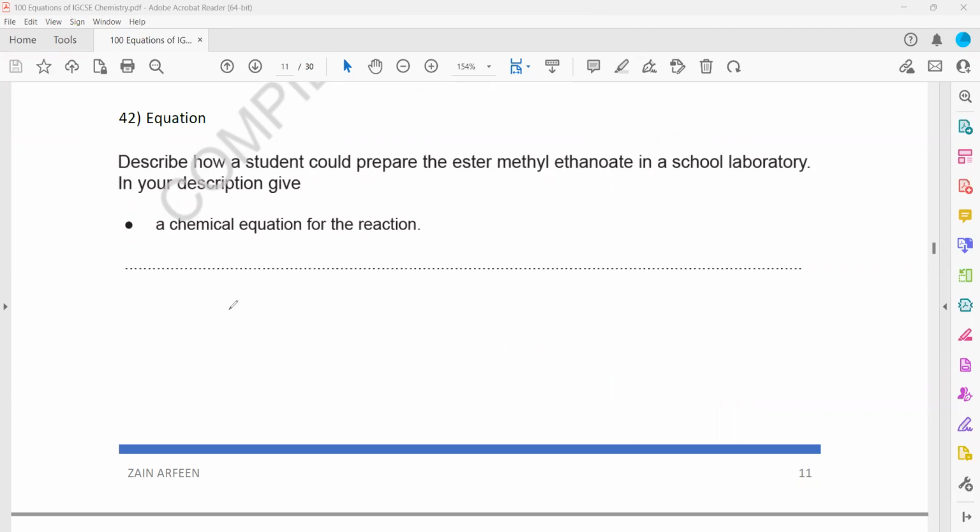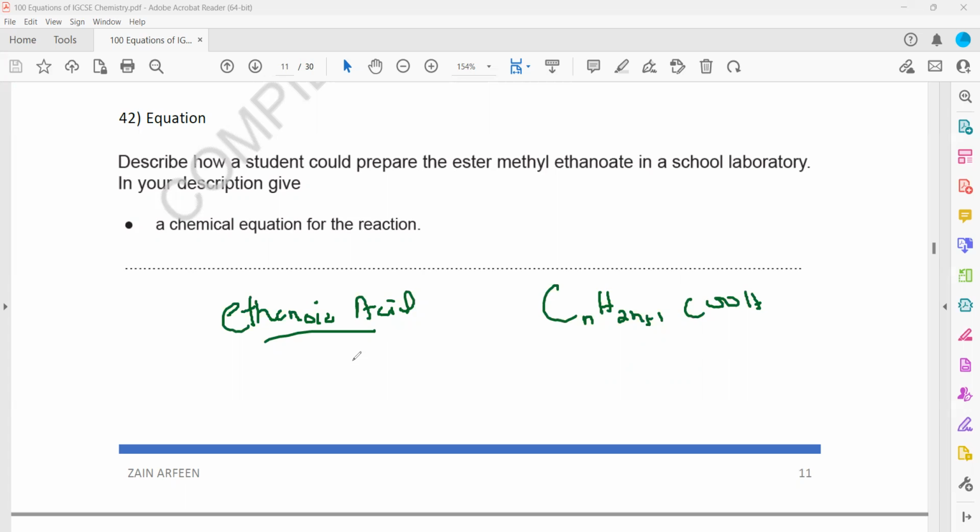For example, if I want to write the formula for ethanoic acid, using the general formula for carboxylic acid, we write CnH2n+1COOH, where n is always the number of carbons minus 1. Like if we need 2 carbons in total, then n will be less by 1. It will always be one less.